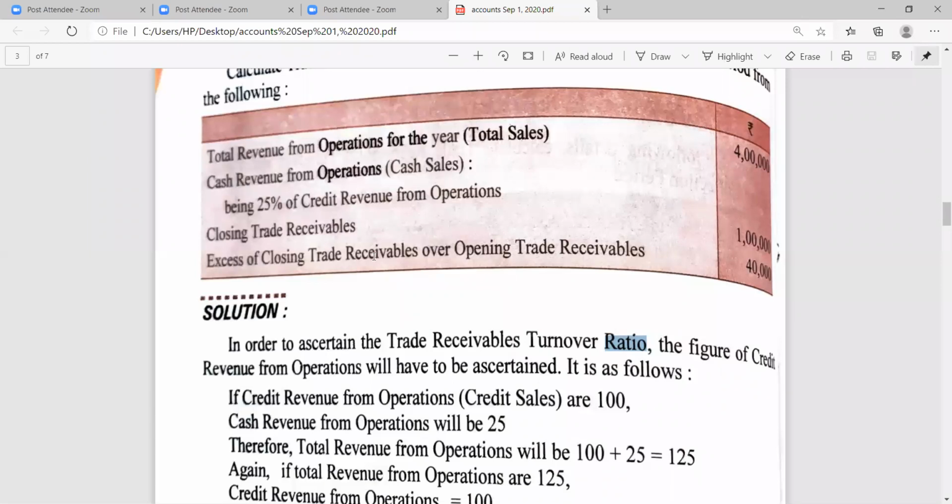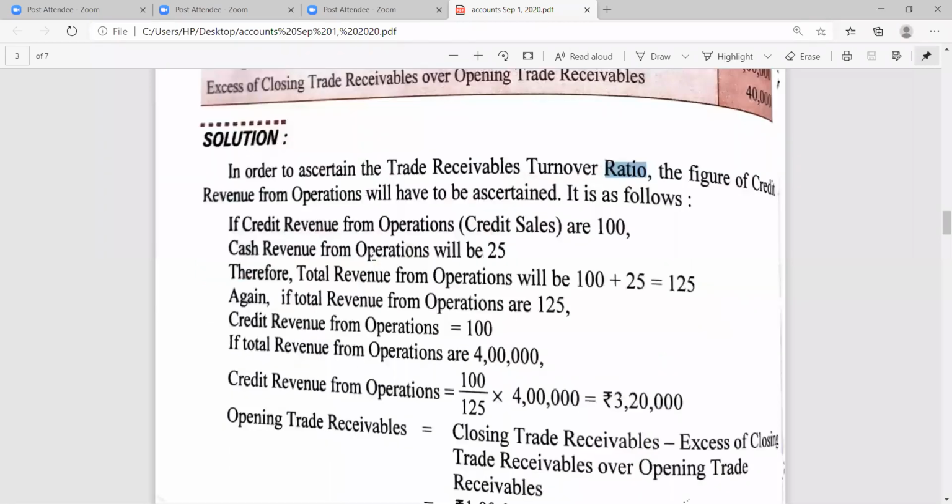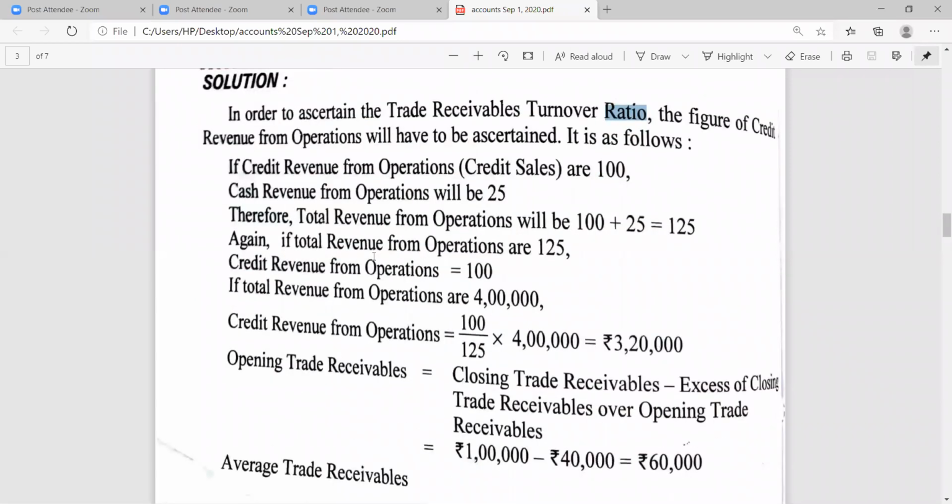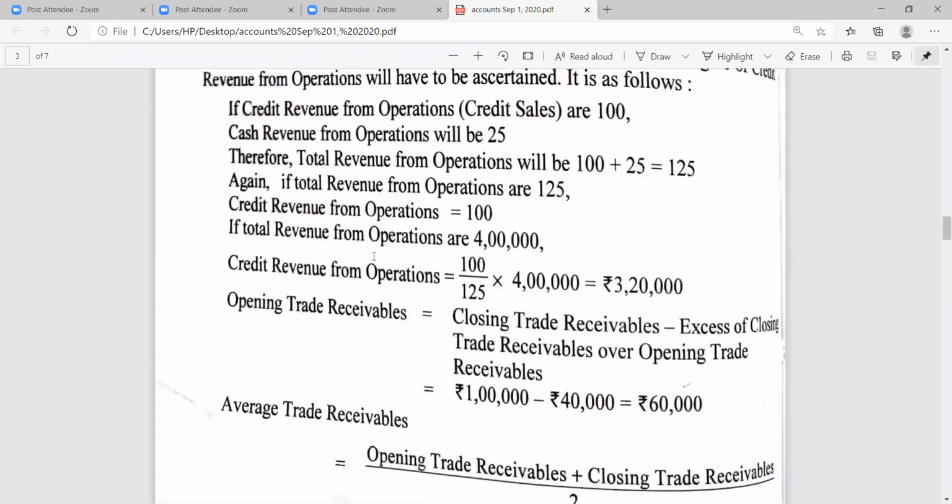What do we require? We require closing as well as opening to calculate the average. Now, how is the opening to be calculated? The clue is given to us. The closing is in excess of 40,000 over opening. If we deduct 40,000 out of closing, what will happen? It gives us the opening trade receivable.